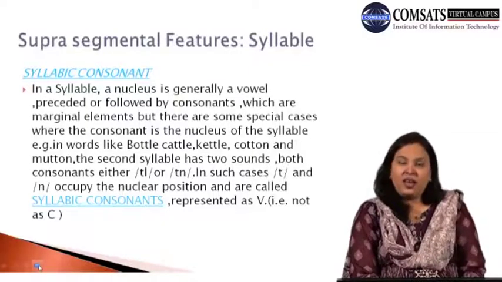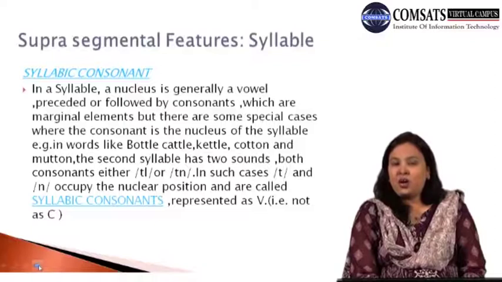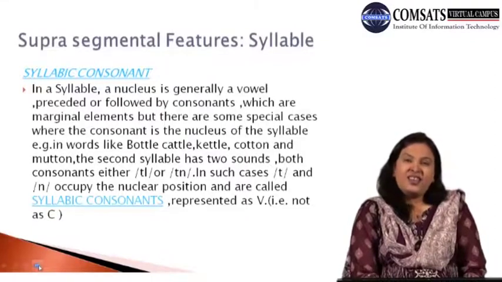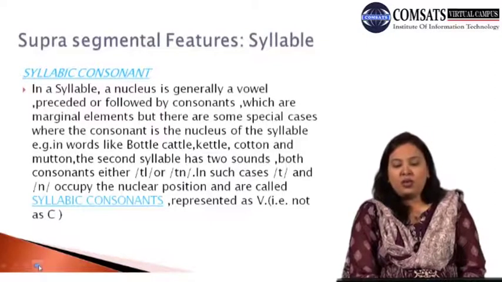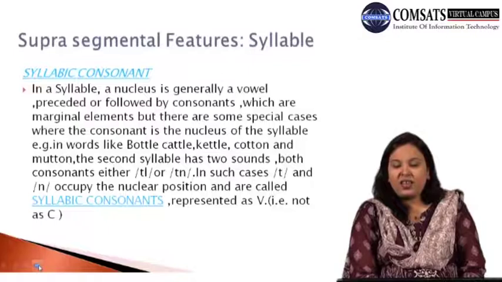Then kettle, again the t sound is occupying the syllabic consonant or central position. Cotton, cotton. Now once again, the t sound is occupying the central or nucleus position. The second syllable has two sounds, both consonants, like tl, kettle, tl, where both sounds are t and l.